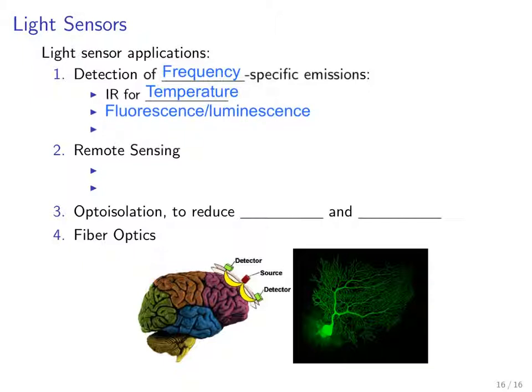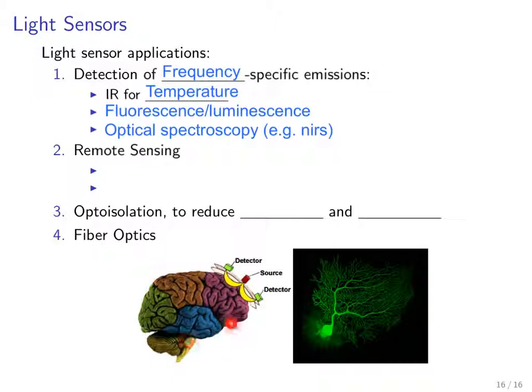And then there's optical spectroscopy, such as near-infrared spectroscopy, which can be used for functional brain imaging. I've just pulled some images off the internet to illustrate those.